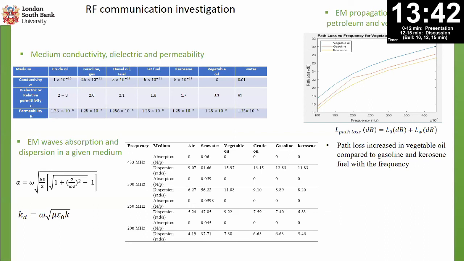What is the operating word? Is it the dielectric of the medium that determines your transmission or attenuation? Yeah, the dielectric determines the high transmission or low transmission. For example, water is conductive, so you get more attenuation.